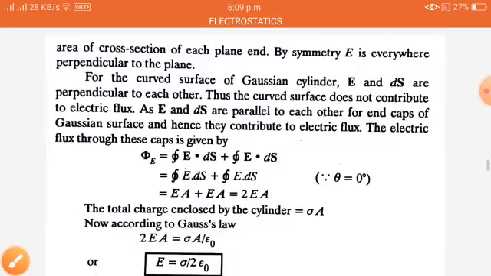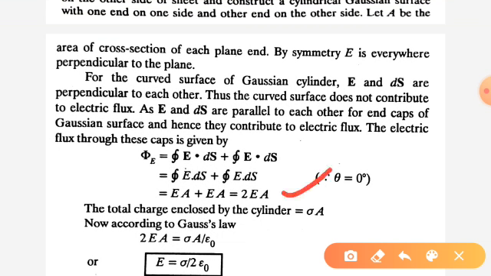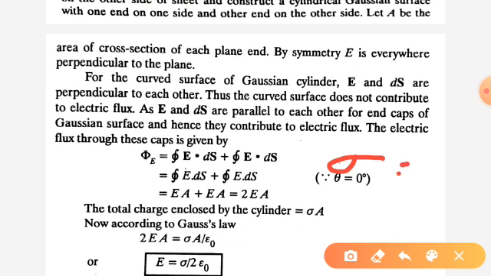So E into A plus E into A gives 2EA. So the total flux phi is equal to 2EA, which is equal to Q by epsilon naught according to Gauss law.